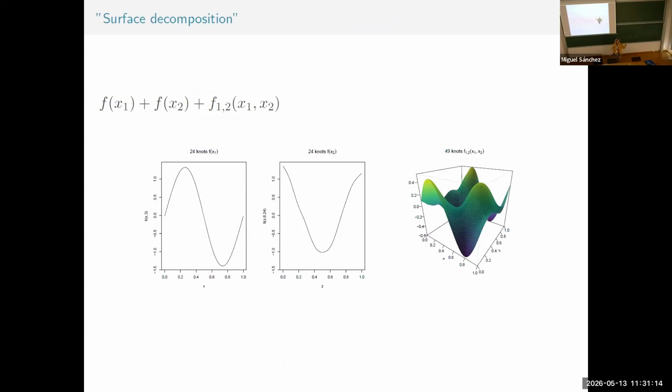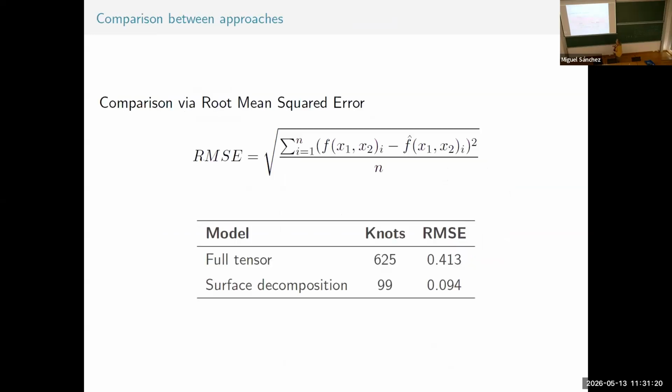One dimension, and the tensor product, but reduced tensor product. I calculated the distance between what I observe. I get less error with less coefficients. It won't always be the case, but yes.